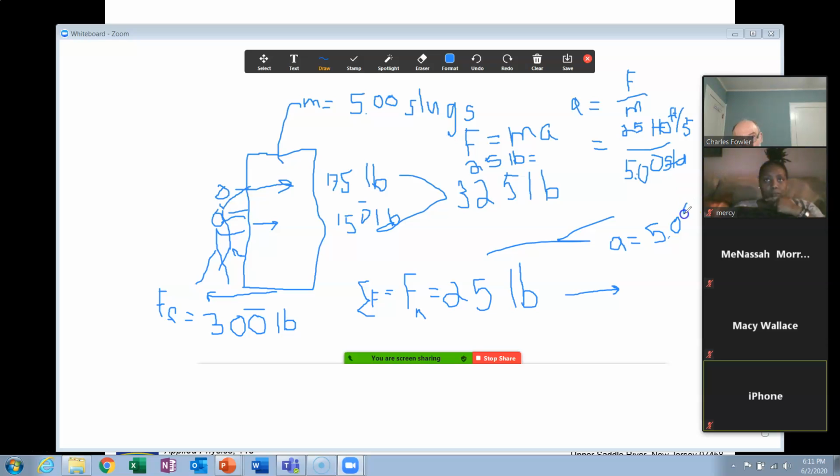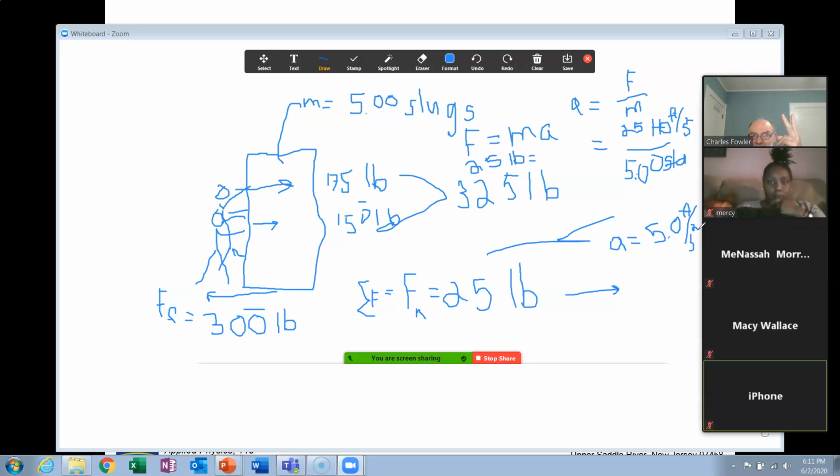And that's hard for me to write. I'll try feet. That's ugly, isn't it? That looks like a capital A. It's not. That's FT per second squared. Okay, feet per second squared.